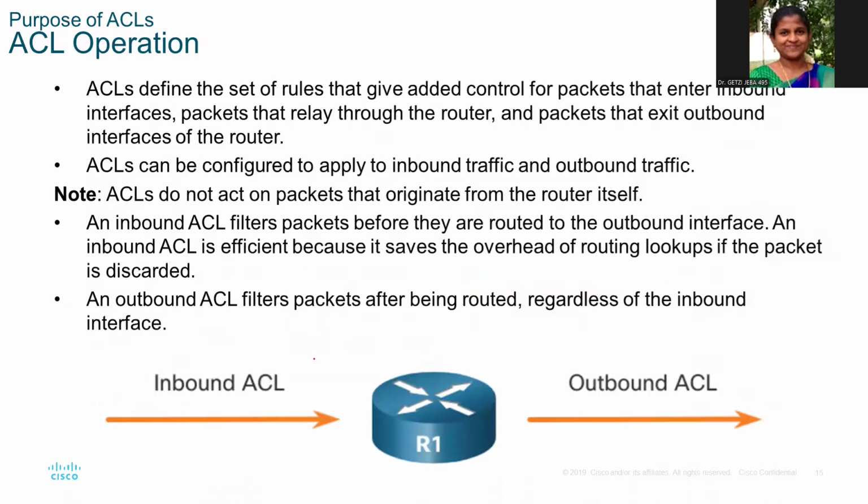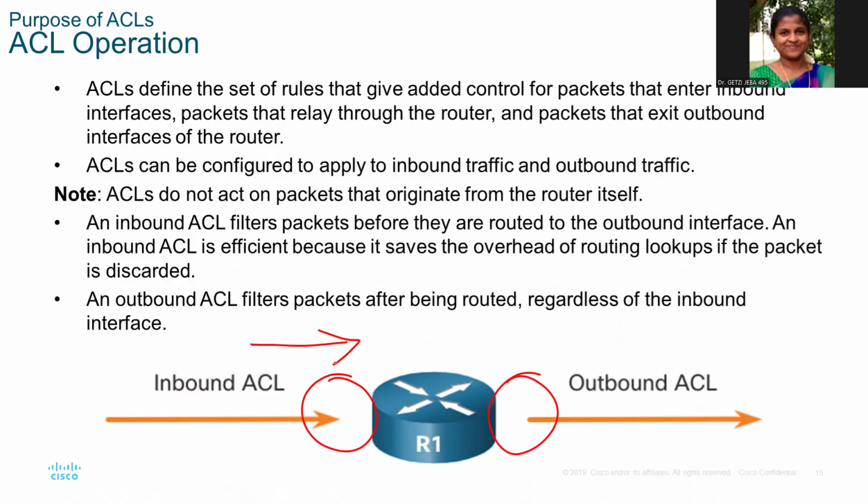Now there are two places where you can apply the access control list. One is the inbound ACL and the other one is the outbound ACL. Inbound ACL is when a packet comes inside an input port, immediately the router will check the ACE, the access control entries. Should I permit this traffic or deny this traffic?